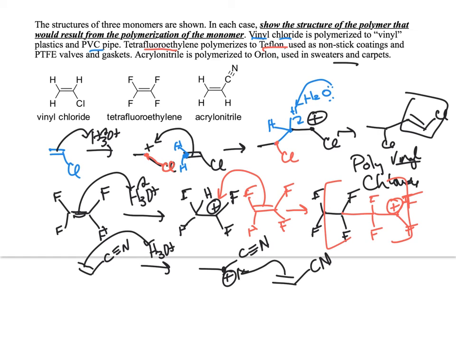So this would nucleophilically add to this carbon. So you would redraw that, the new bond, and that bond would be right here. And then you get a carbocation, and then it would just continue to go, and that would be polyacrylonitrile.